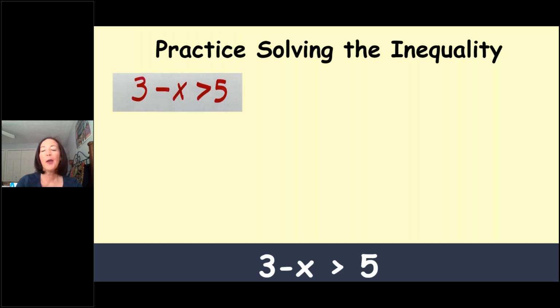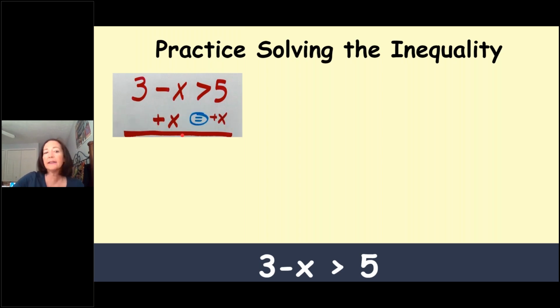Nice job, Danielle, that's correct. I just realized I solved it the other way first. Yours was perfect, but I wanted to show there are actually 2 different ways to solve this problem. I did it the other way first, and then I did it your way. I said I have -x. I could just add x to both sides of the equation. -x plus x is going to cancel.